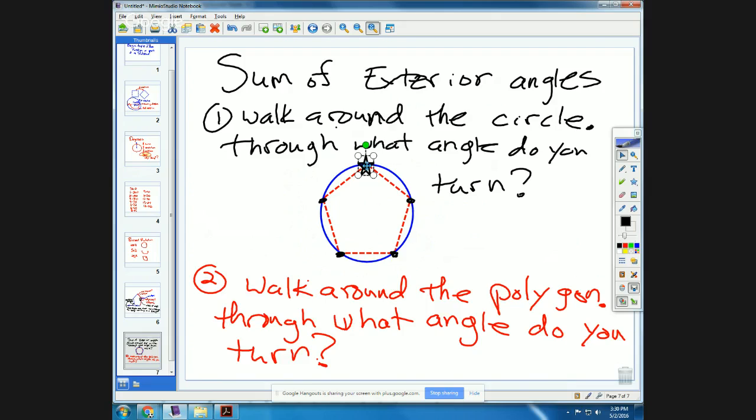Let's suppose I start here on this top point, and I walk around the circle. And the question is, if I walk around the circle, through what angle did I turn?